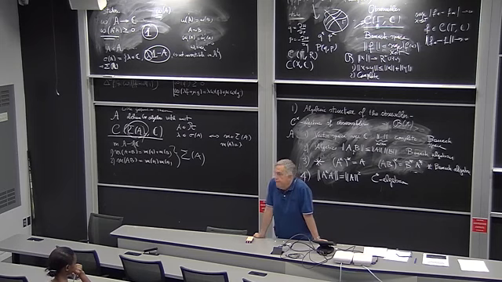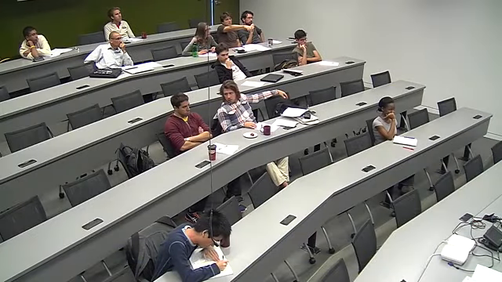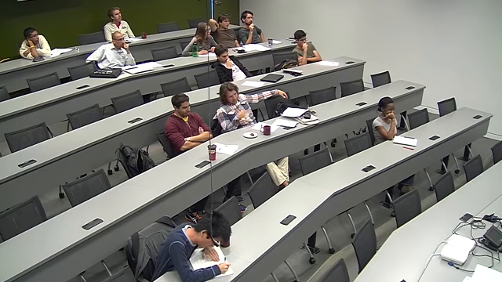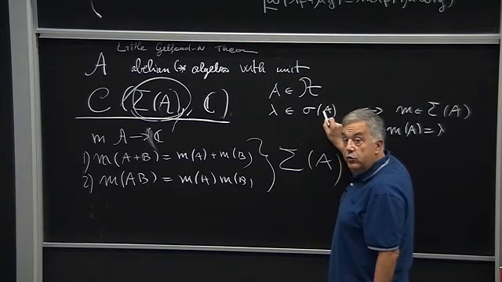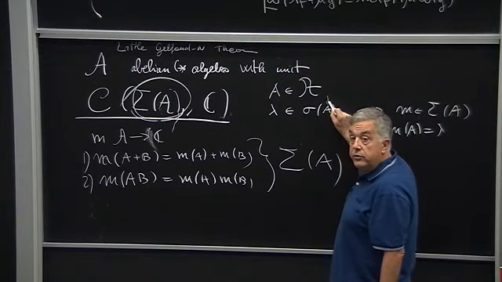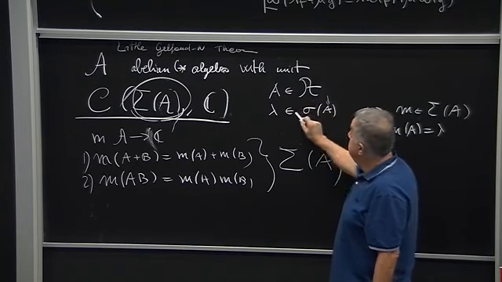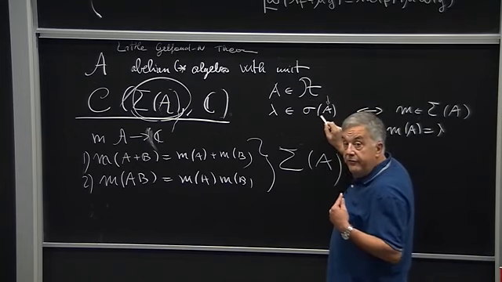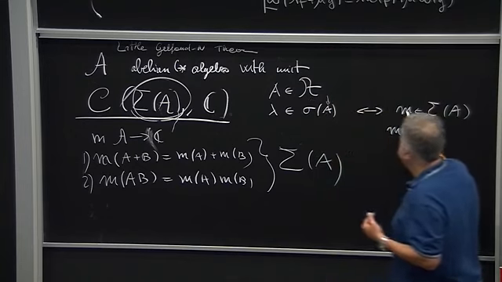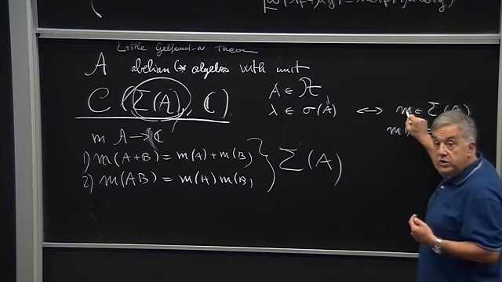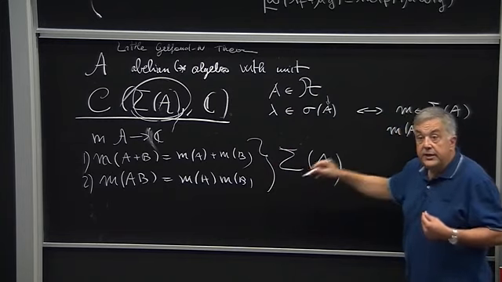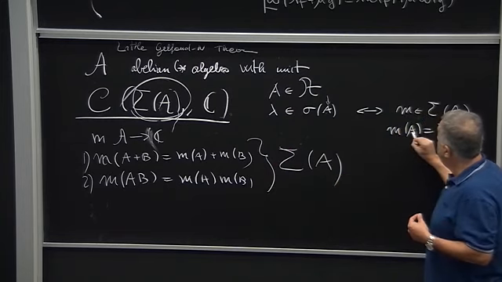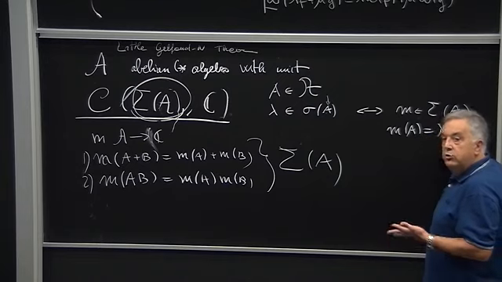Can you repeat what you mean by the double arrows here? The relation between the spectrum of the algebra and the spectrum of the operator? It means that if lambda is a point in the spectrum of a given operator of the algebra, this is true if and only if there exists a linear multiplicative functional on the algebra satisfying this property such that m of a, which is a number, equals lambda.